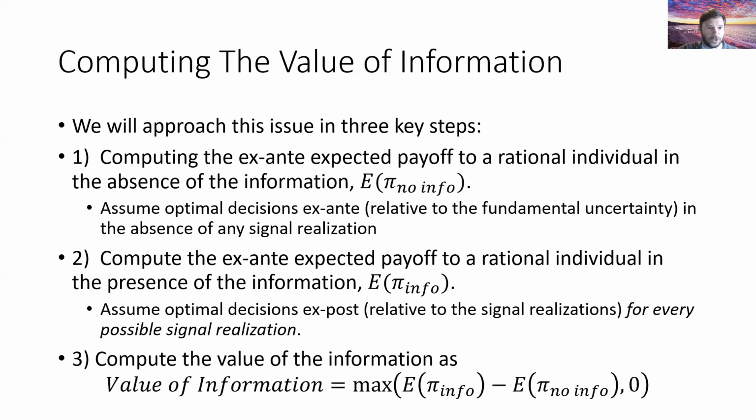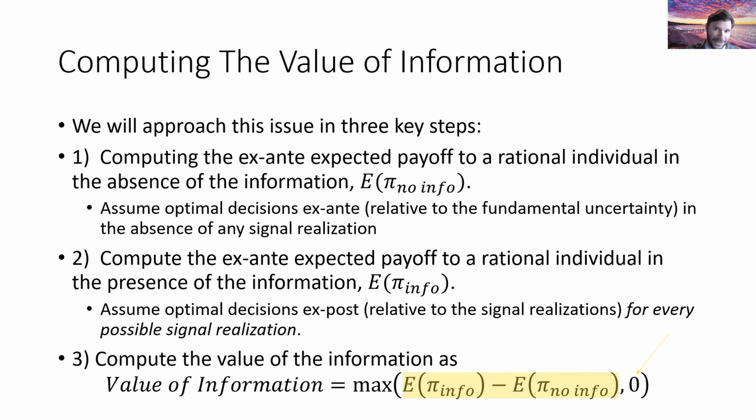So what we're going to then do is compute the difference between the expected payoff with the information less the expected payoff without the information. And if you're wondering why we're taking the maximum of that value and 0, I'll touch on that in a moment. But the idea basically here is the value of information can't be negative.